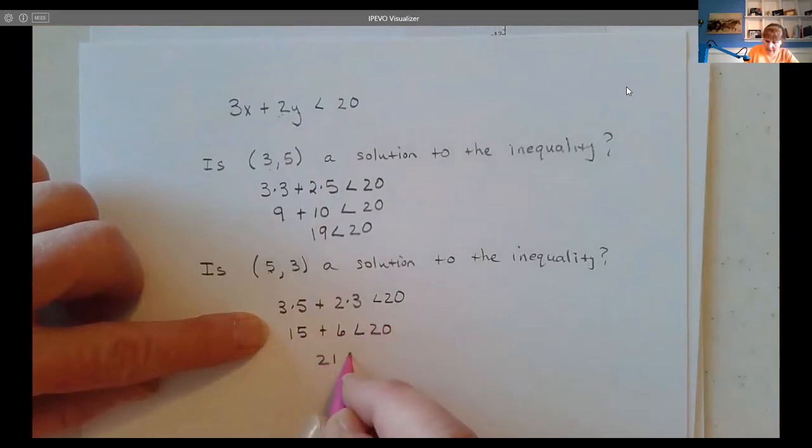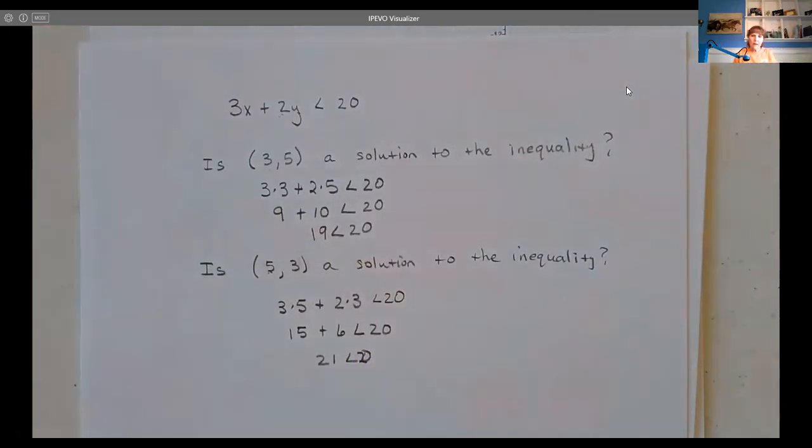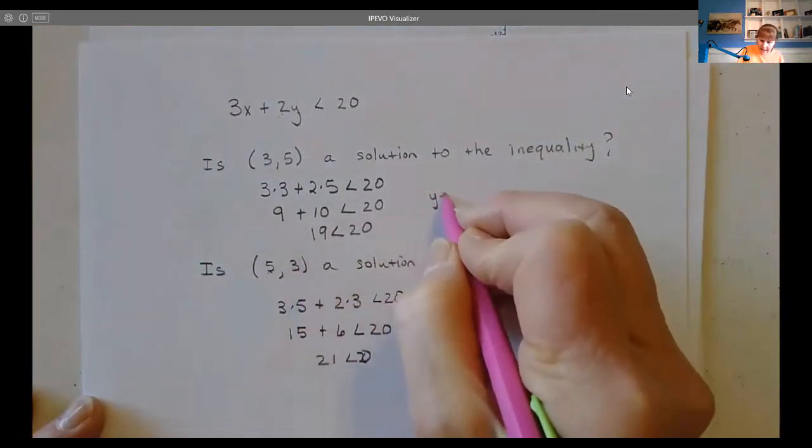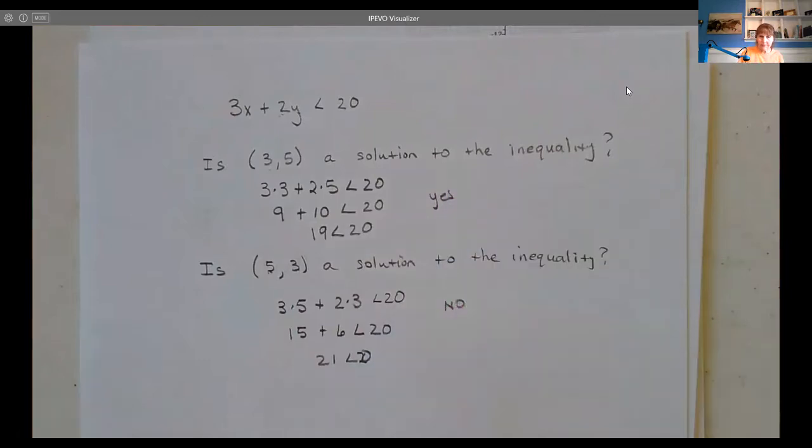Is 21 less than 20? Whoa, I gotta put a 2 there. That's false. So this is a yes, and that's a no, because it's not true. 21 is not less than 20. All righty, but 19 is. So this point is a solution, whereas this point is not a solution.